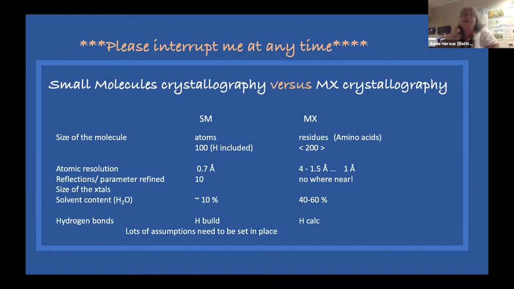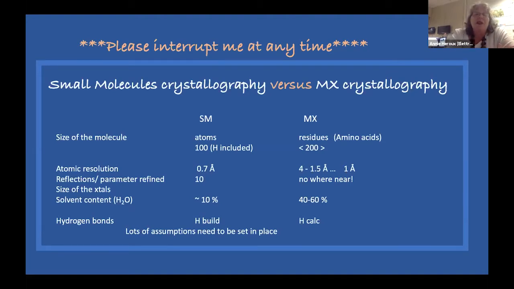For small molecules, the resolution of a normal good structure is about 0.7 angstrom. But we basically never get there for protein crystallography. Anything between 4 and 1.5 angstrom resolution is a good structure. And if you have 1 angstrom resolution, that's like, wow.